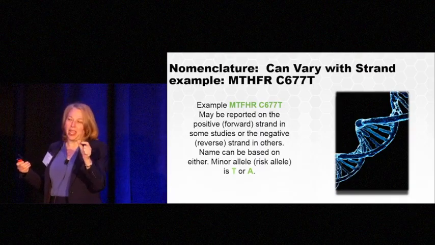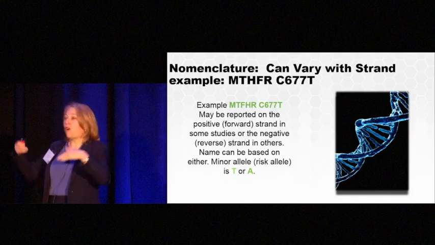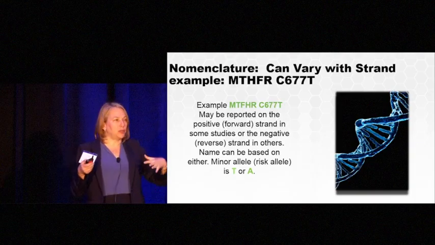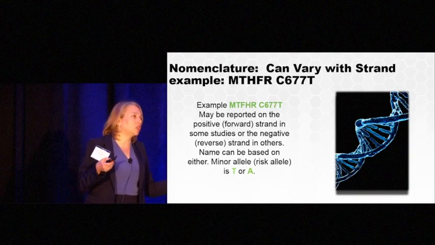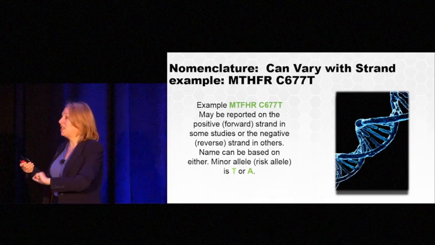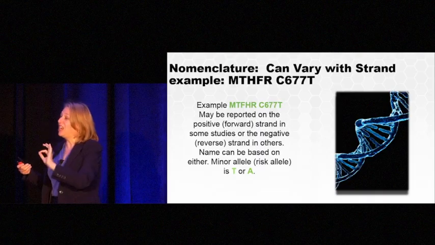Remember, T pairs with A and C pairs with G, and there's forward and reverse strand. Most of the interpretation products nowadays are reporting on the forward strand, but a lot of the literature was done on the reverse strand. So for MTHFR C677T, you're going to see A as the variant.